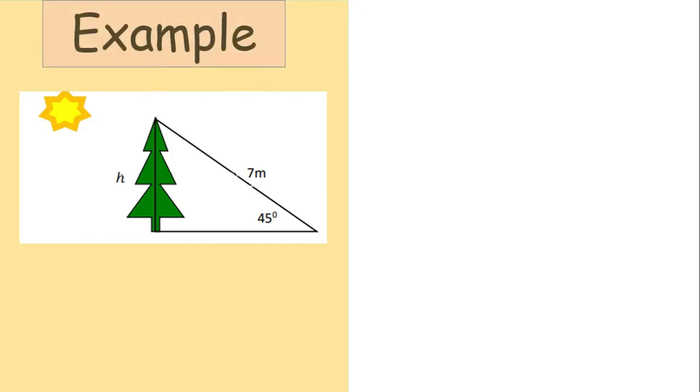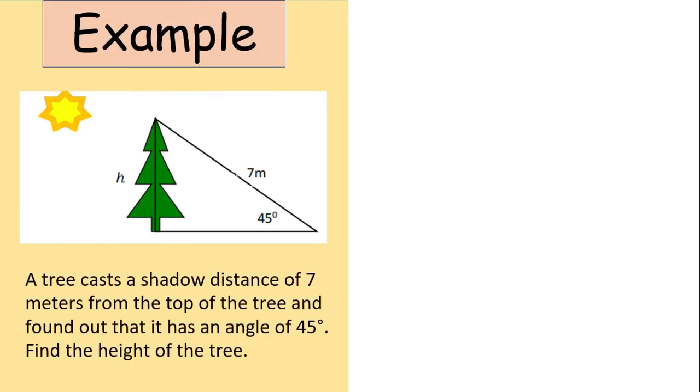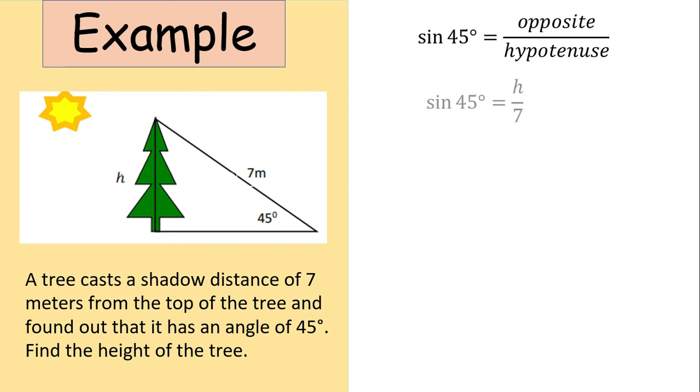And for the last example, a tree cast a shadow distance of 7 meters from the top of the tree and found out that it has an angle of 45 degrees. Find the height of the tree. So, sin 45 degrees, since si H ay opposite, tapos si 7 meters naman ay hypotenuse. So, sin 45 degrees is equal to opposite over hypotenuse.